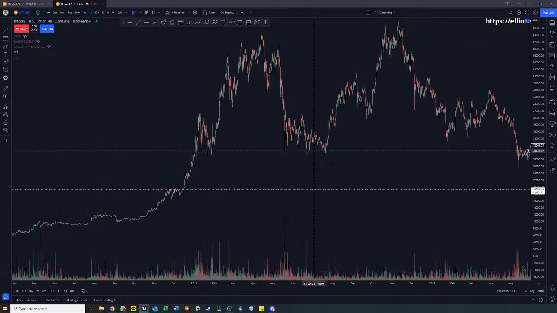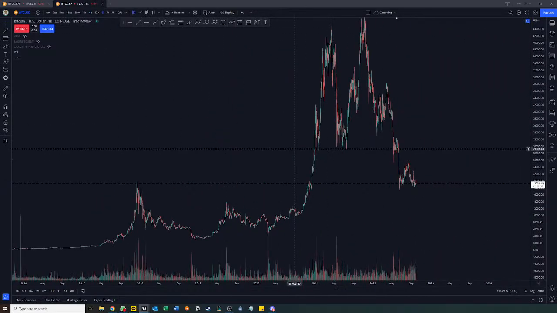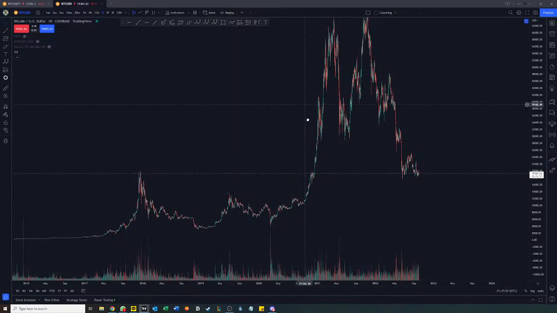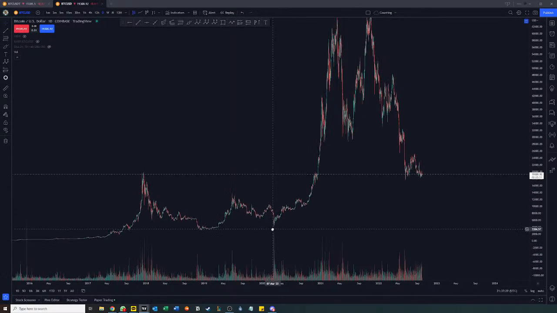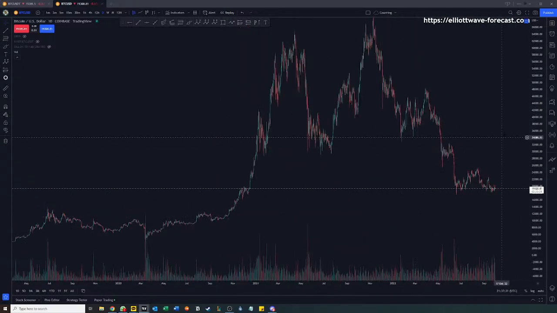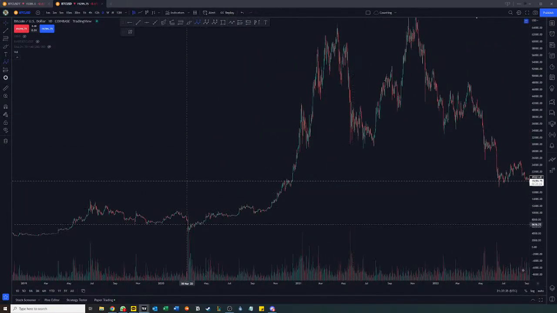So we had a very long bullish run that started a long time ago, well, at least since COVID, and you can see this wave. I personally see it as the ending of a 5-wave.